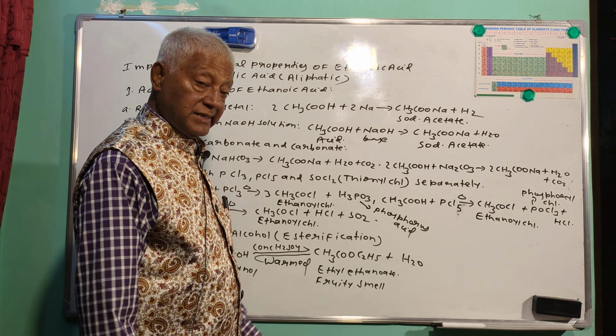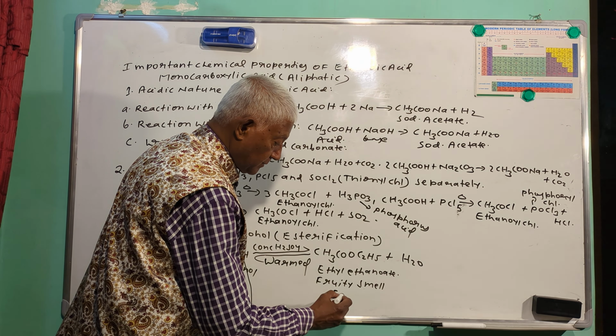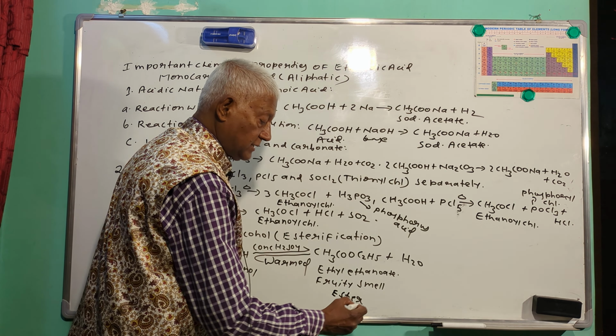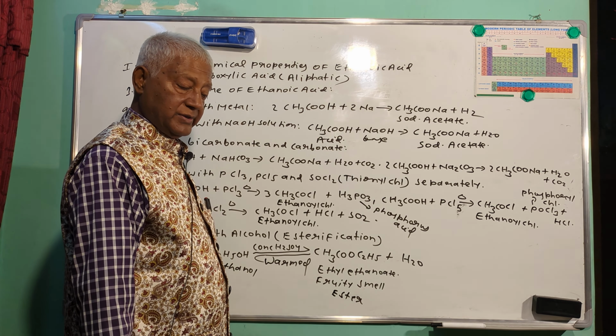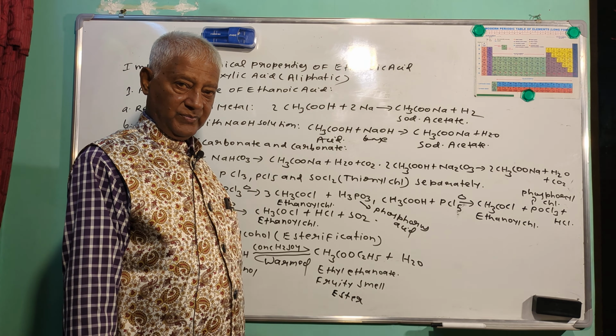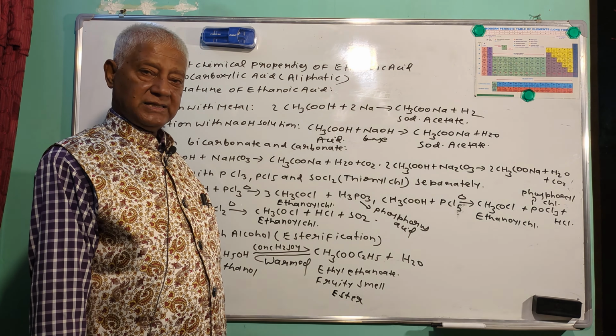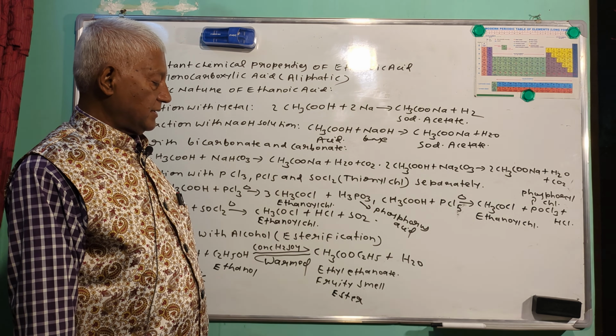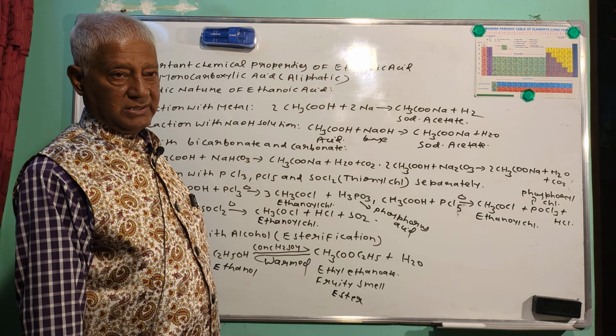That is an ester. Ester means organic salt. Always keep in mind, you get a fruity smell. That is the test for any acid, ethanoic acid. That is also the test for ethyl alcohol.